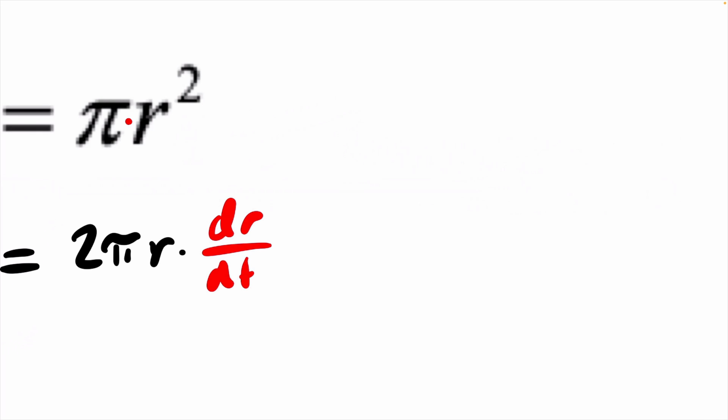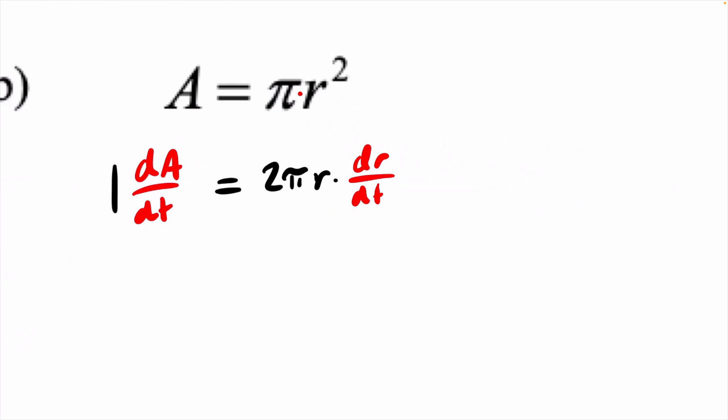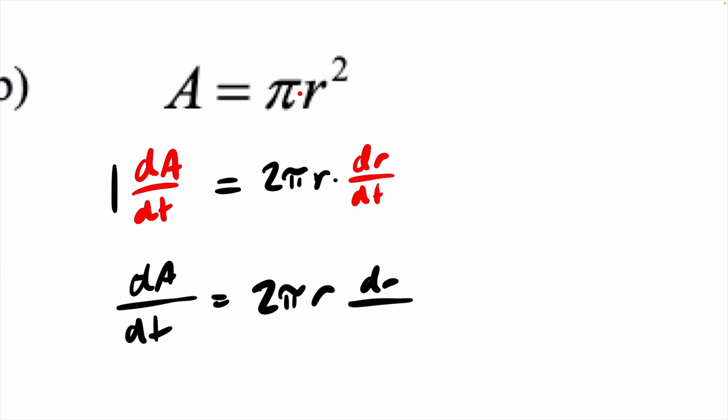I didn't find the derivative of pi. So essentially you would have dA over dt equals 2 pi r dr over dt. Essentially that's what it is.